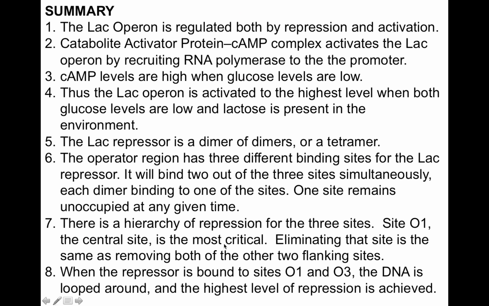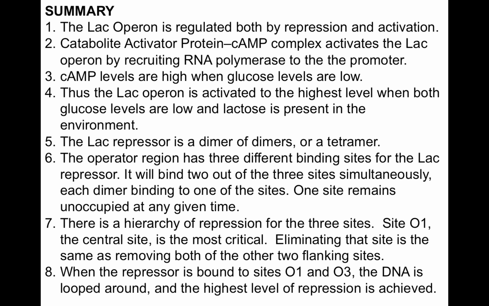So, to summarize, the Lac Operon is regulated both by repression and activation. The catabolite activator protein, cyclic AMP complex, activates the Lac Operon by recruiting RNA polymerase to the promoter. Cyclic AMP levels are high when glucose levels are low.